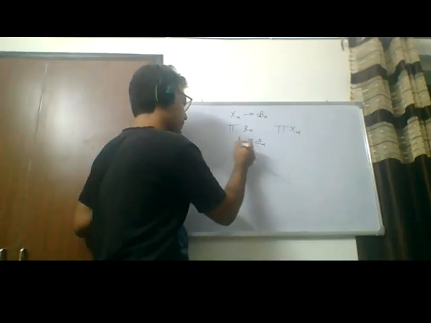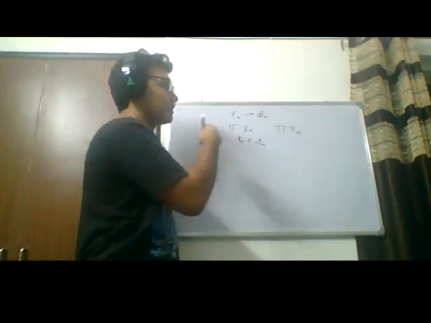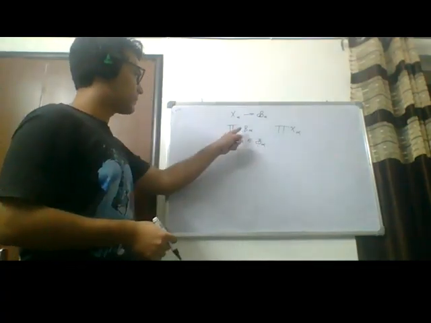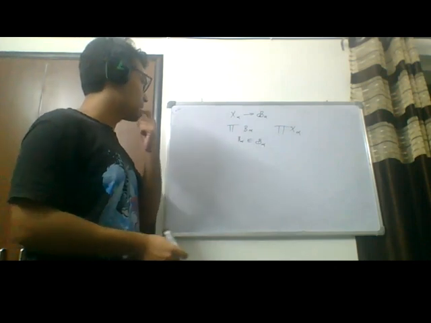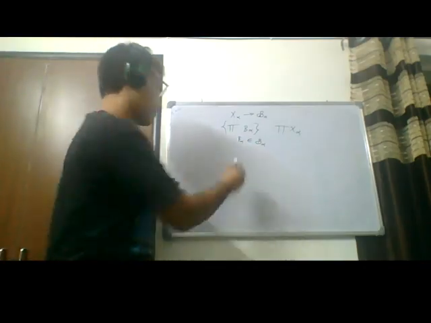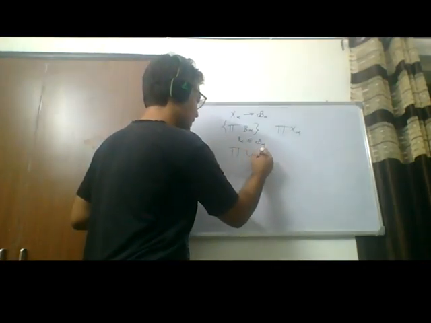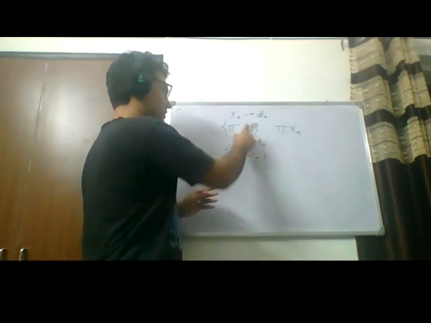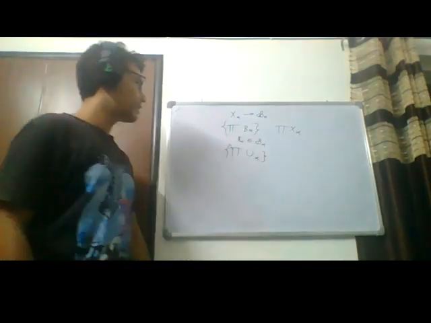So if we show that every open set here is contained by this basis, so if we show that this makes a basis, right? We're going from this basis to this basis. They both are supposed to be a basis for the same topology, right?